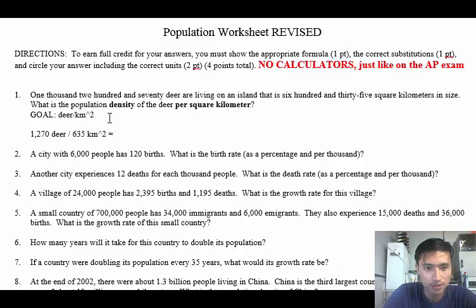So I want you guys to do simple division, 1,270 deer over 635 kilometers, and that will give you your final units of deer over square kilometers. All right, and I modified the numbers so that they're easier to divide. So I'll give you guys a moment to think about what your answer will be. And remember, no calculators, just like the AP exam.